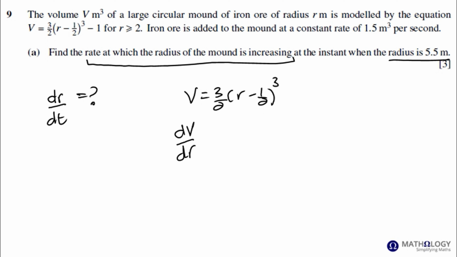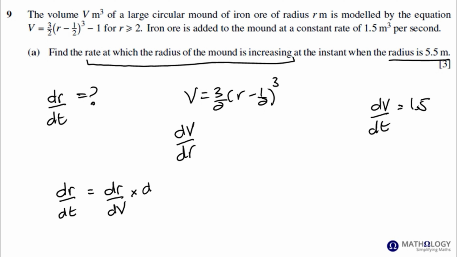So cubic meters per second, volume per second, this is the differential dV/dt, and that equals 1.5. We now need to relate these three differentials by establishing an equation. So dr/dt equals dr/dV times dV/dt.